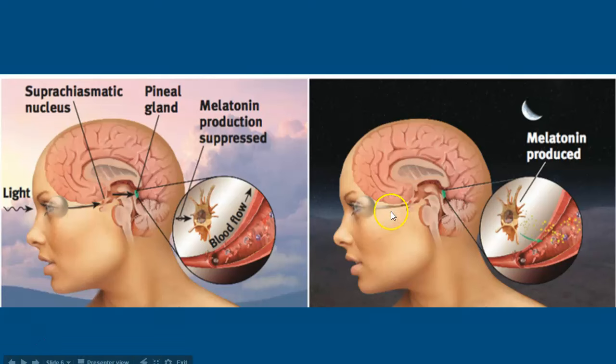Okay, so let's look at the opposite. When it's dark out, as you can see, the moon is out, it's dark. That pineal gland is not getting the message to suppress melatonin. It is going to go ahead and produce melatonin, and as you can see, it is a hormone that makes you sleepy. So there's a reason why we turn our lights out.